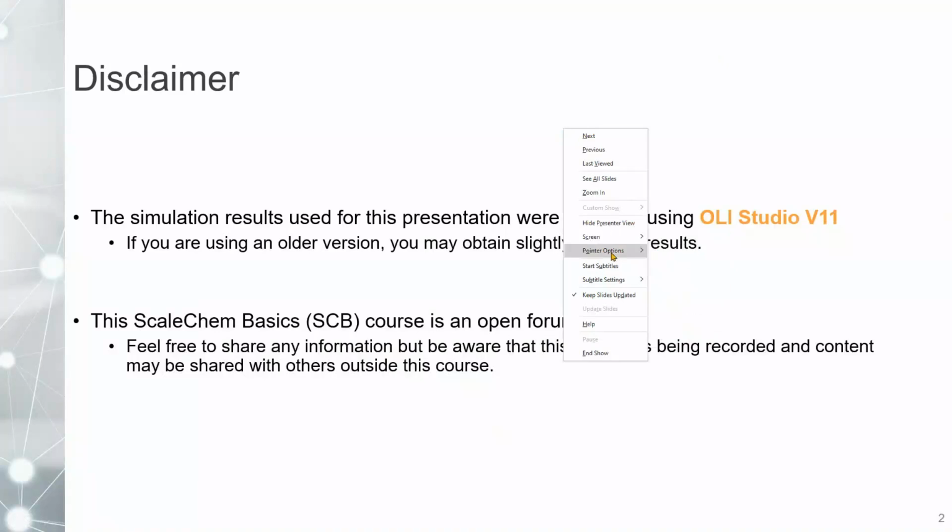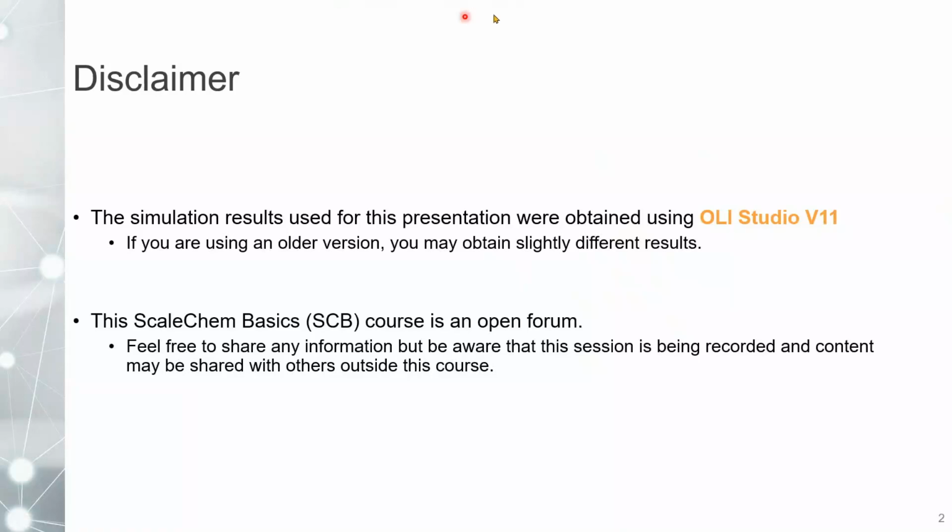So if you are using a slightly older version of the software, you probably will have slightly different results. That happens because every time we do a new release, we add new chemistries, and that slightly changes some of the results. It doesn't mean that you're doing something different. It could just be that a different version has different chemistry, and that's why you're having those results.